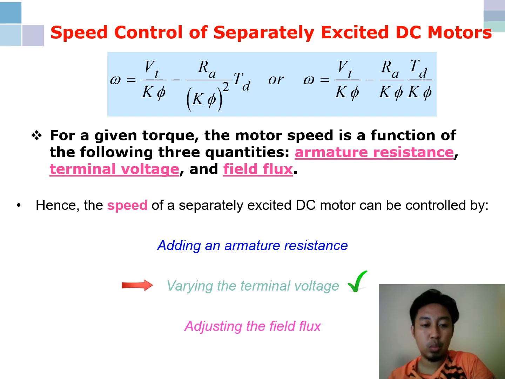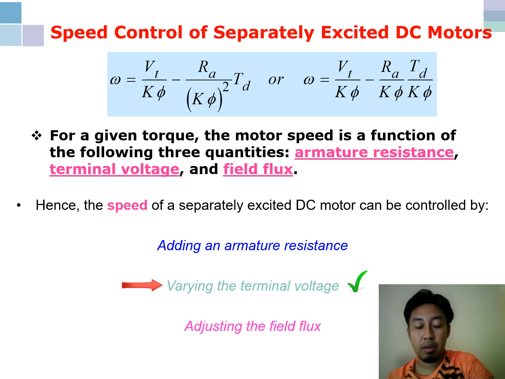According to this equation, for a given torque, the motor speed is a function of three quantities: the armature resistance, the value of Ra, the terminal voltage Vt, and the field flux. Hence the speed of the separately excited motor can be controlled by these three.